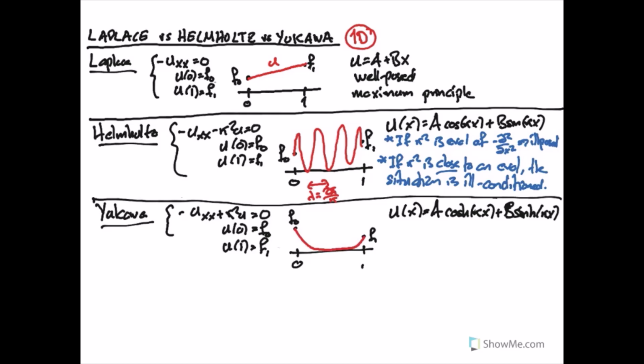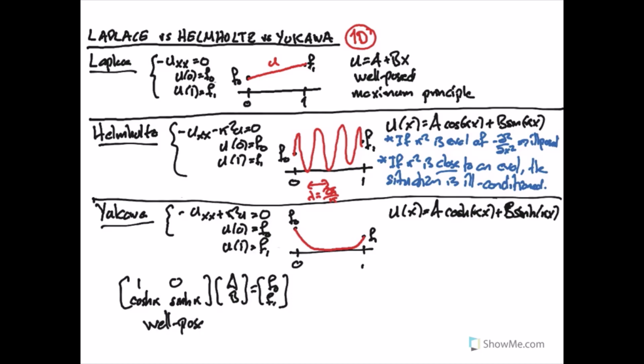In this case, the linear system you get in order to determine A and B looks like this. It's 1, 0, cosh kappa, sinh kappa, times A, B, equals f0, f1. And this is well posed for all kappa positive.